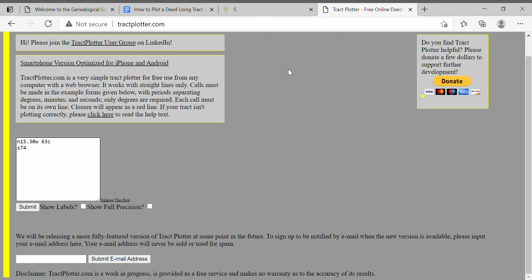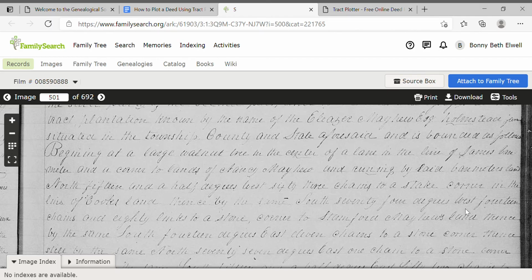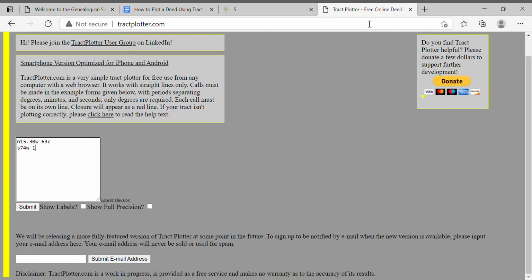We're going to type in W for west. Now we do a space before we enter our distance. Our distance is 14 chains and 80 lengths. Remember, there are 100 lengths in a chain, so we can turn that into a decimal very easily. It would be 14.80 chains.